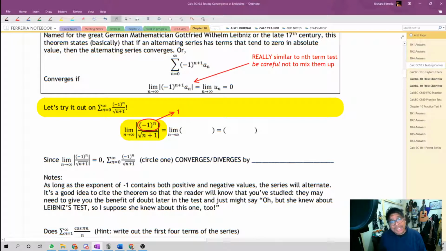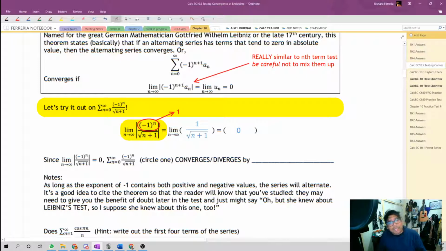So we're going to simplify this, and we don't need the absolute values anymore because the denominator is always positive. So this is equal to the limit of 1 over square root of n plus 1, and you don't need a whole lot of help with that one. The numerator stays the same, the denominator grows without bound, so this limit is just 0.